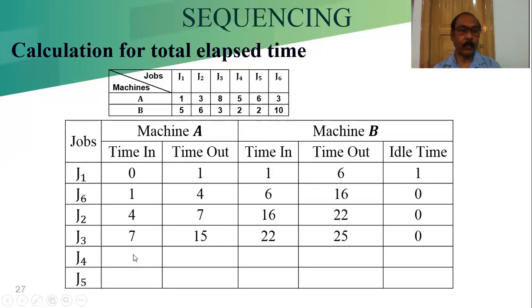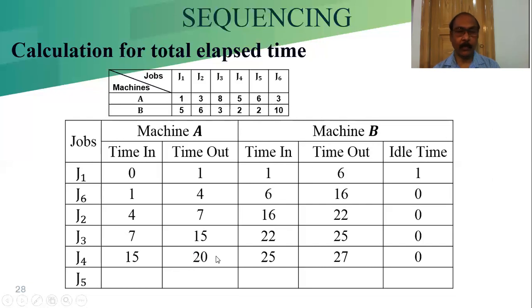Next we start J4 in machine A in the 15th hour, because 15 hours is less than 25. It starts in machine B in the 25th hour. J4 duration in machine A is 5. So 15 plus 5 is 20. So J4 will be complete in machine A in the 20th hour.